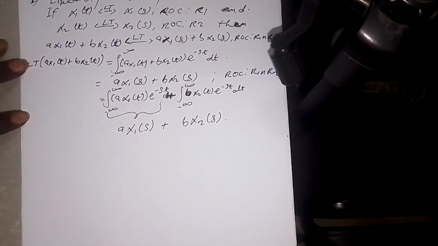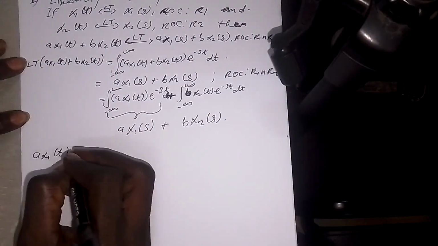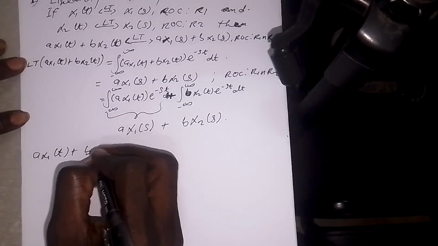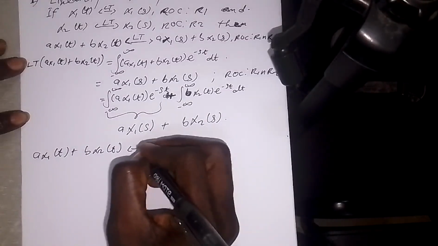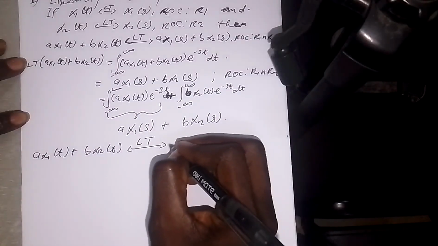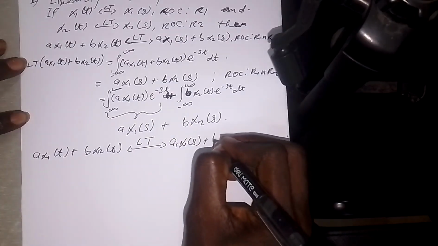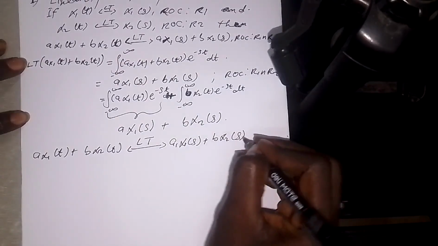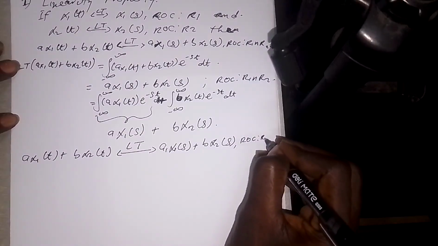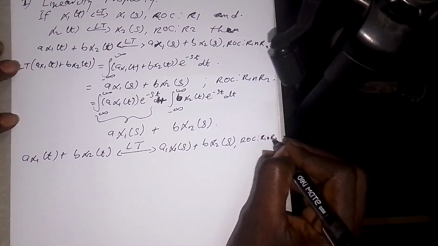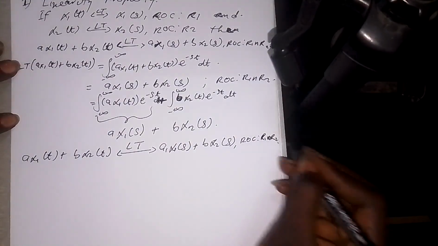Then the Laplace transform of a x1 of t plus b x2 of t is a X1 of s plus b X2 of s, and then our ROC is R1 intersection R2.